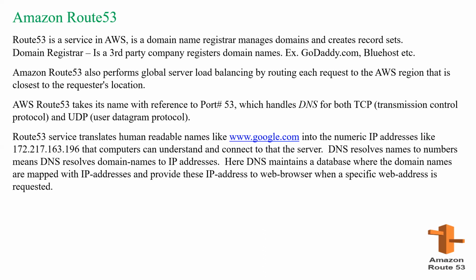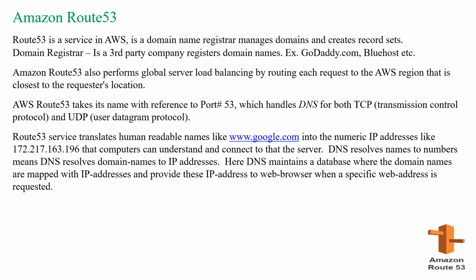That is how Route 53 got its name, the number 53 embedded with route, Amazon Route. So this will handle DNS for both the TCP as well as UDP protocol. Here TCP stands for Transmission Control Protocol. UDP stands for User Datagram Protocol.